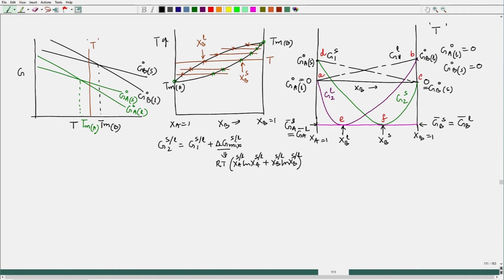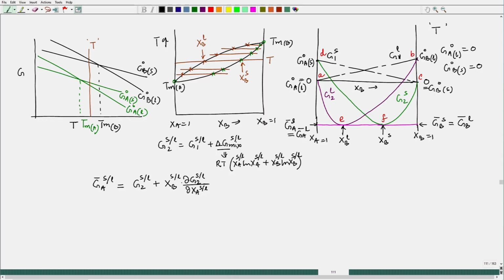So now we have to find equations for G_A bar solid as well as liquid, and G_B bar for solid as well as liquid. So let me write down those equations. G_A bar solid/liquid should be equal to G2 solid/liquid plus X_B solid/liquid times dG2/dX_A solid/liquid.